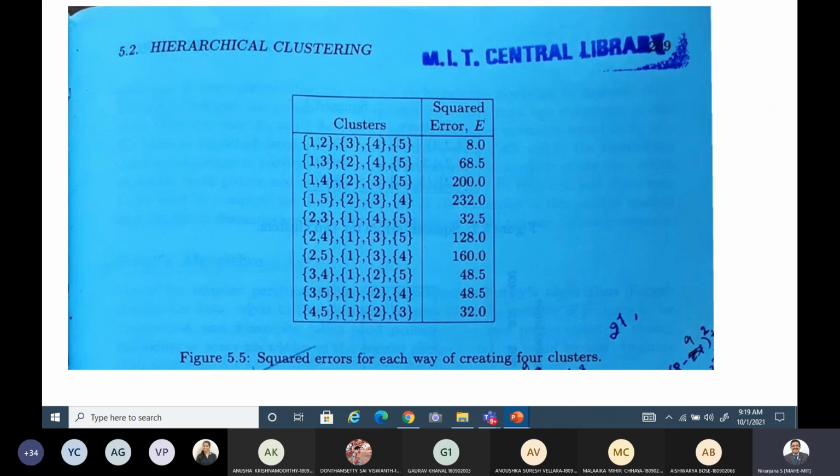But theoretically, when we have all the possibilities, I have to write all these possible combinations as per the procedure, explain how you estimate the squared error here, and how you choose the best option for merging 2 clusters at the end of the first iteration. So that you will start the next iteration with 4 clusters.